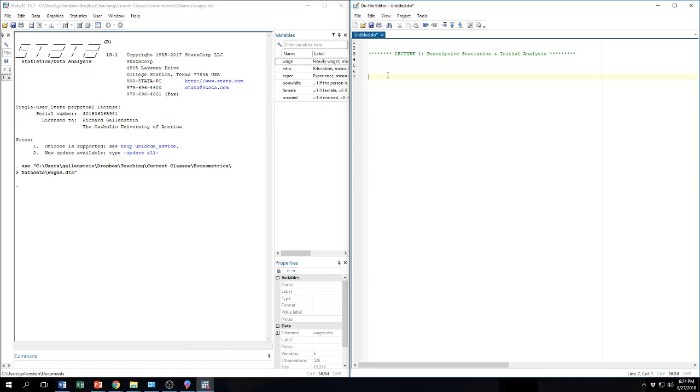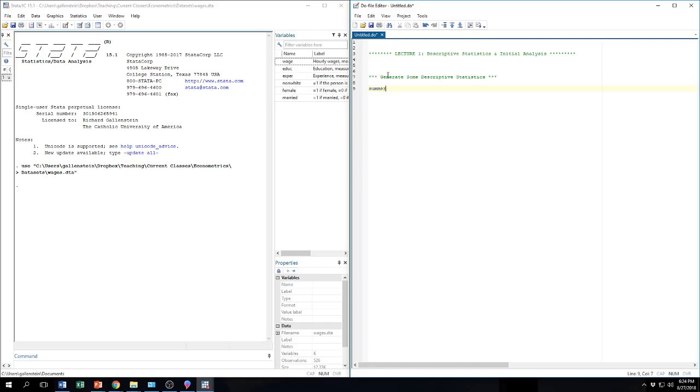The first thing that we want to do in our data set, and then we're just going to label what we're doing, is generate some descriptive statistics. We just kind of want to understand what our data is like. There's a couple different commands you can use for this, but the best one is probably what's called summarize.